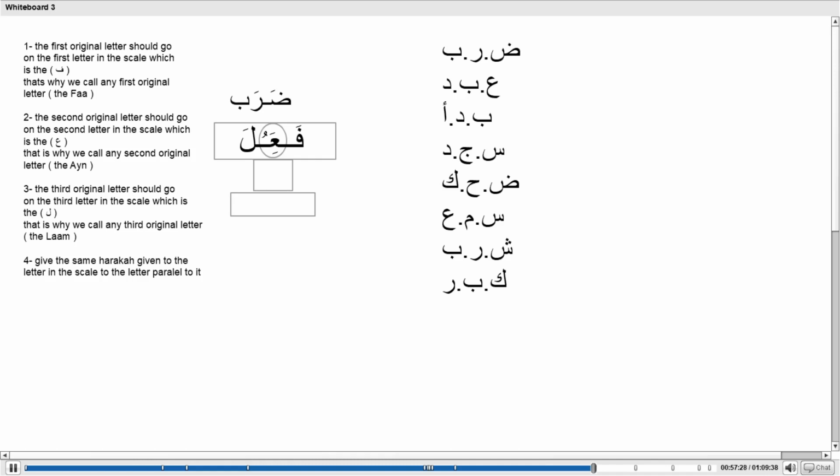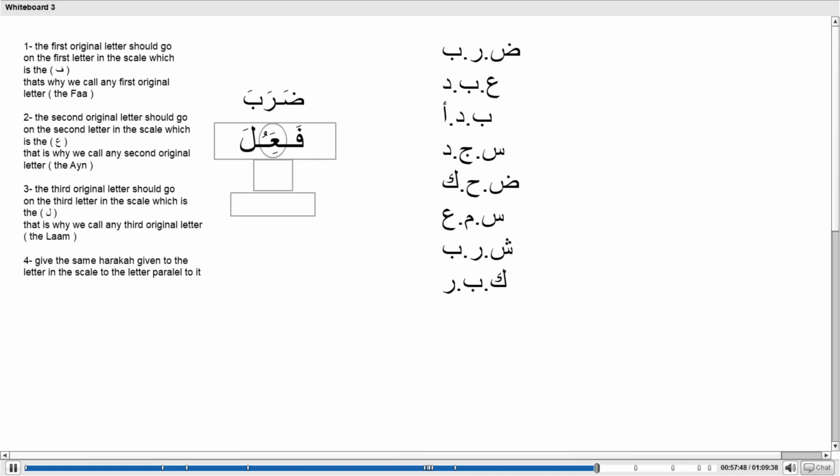Then what goes over the lam? The ba. What do we give the ba? We also give it a fatha.